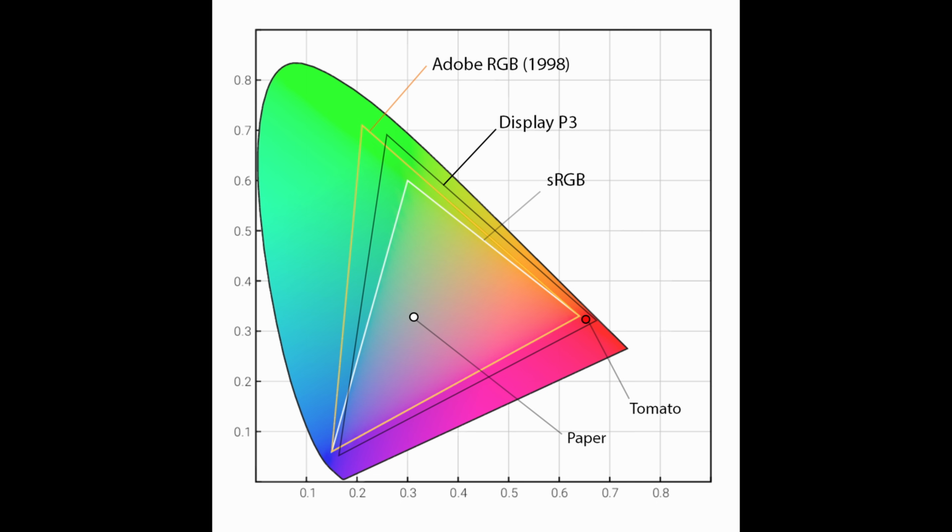Now, the reason we have colour spaces is to map onto technical advances. So the requirements of a printer, of a camera, of a computer, of a television screen are all very different. And so this concept of colour spaces has arisen.